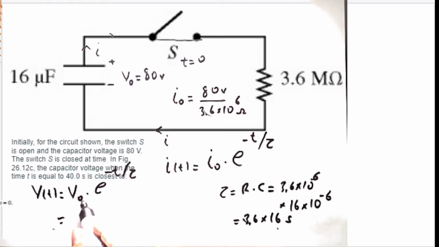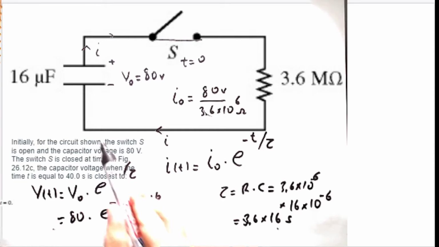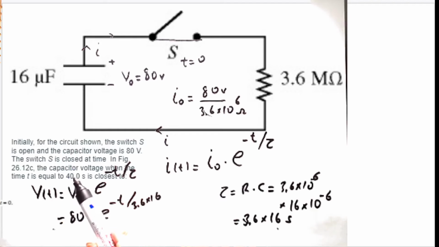What is the initial voltage? It's just 80. And what is tau? It's just 3.6 multiplied by 16. And whatever time value you want to calculate the voltage for, you just put in that value. The question is asking what the voltage is at t equals 40 seconds.